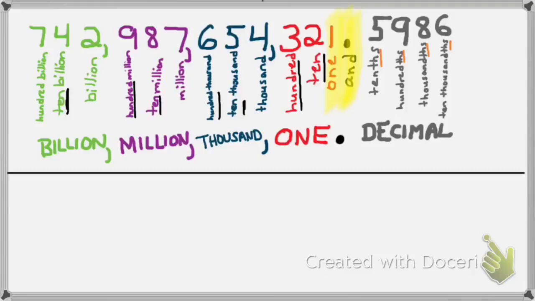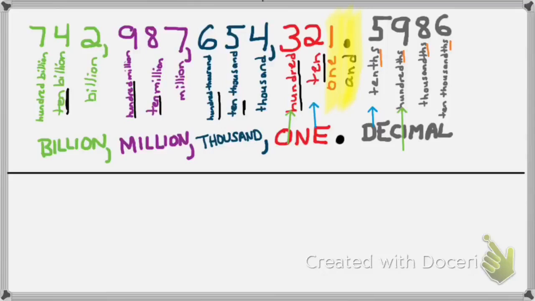So to the left of my 1 and my whole number comes the tens column. Therefore to the right of my 1 comes the tenths column, THS on the decimal side. On the whole number side, to the left of my 10 comes the hundreds column. So to the right of my tenths comes the hundredths column.